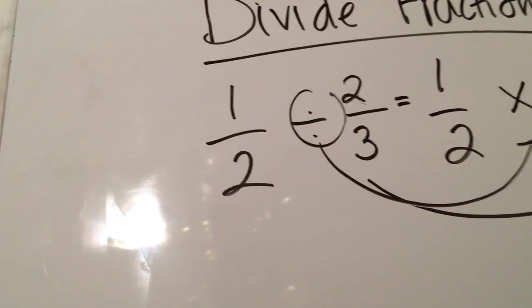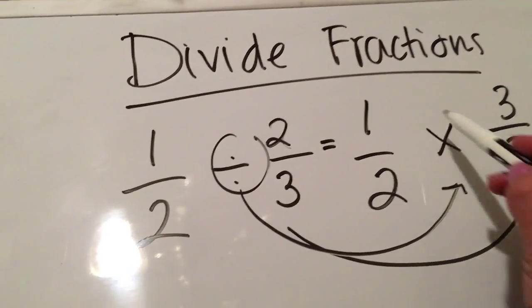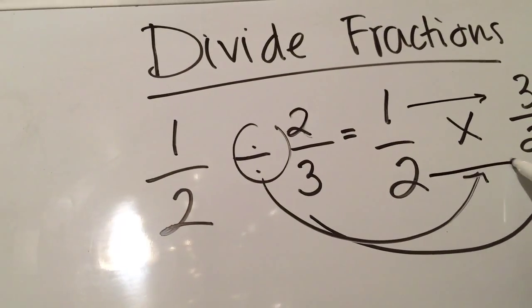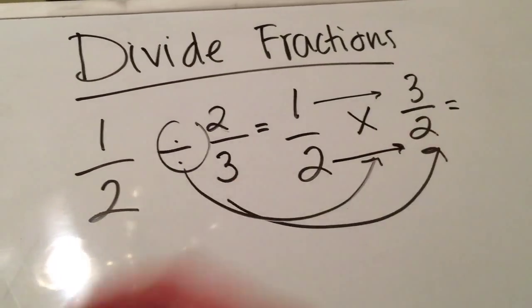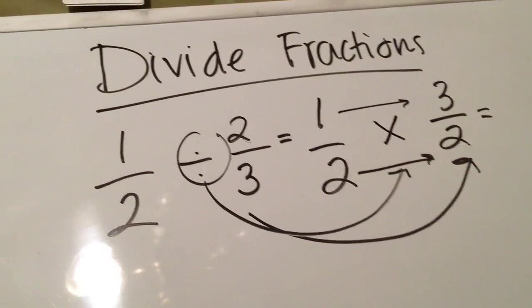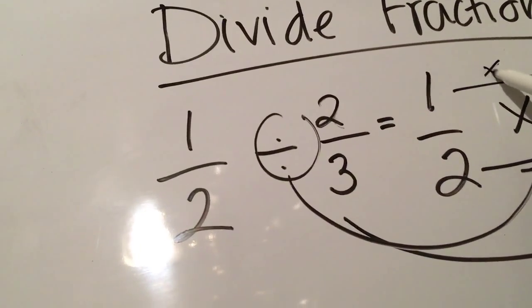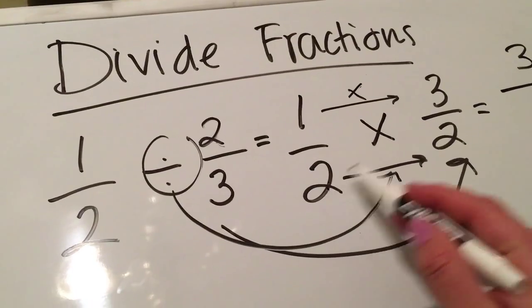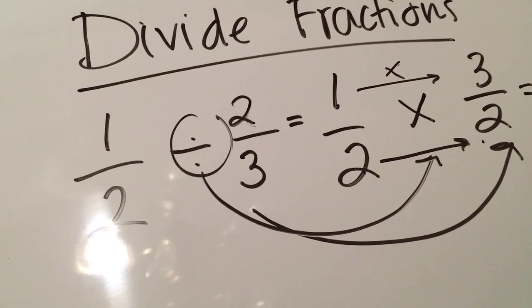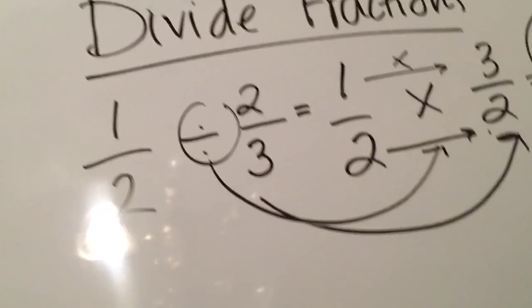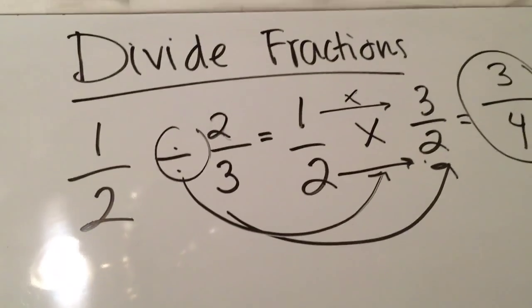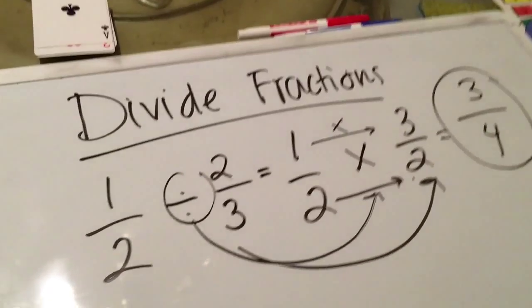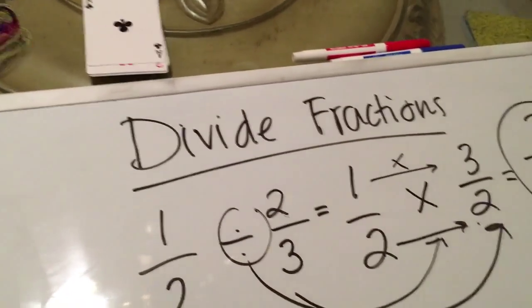And we would have to multiply our fractions the same way we would normally multiply fractions, okay? So 1 times 3 equals 3, and 2 times 2? 4. So this would be my answer. Do we have to reduce this fraction?